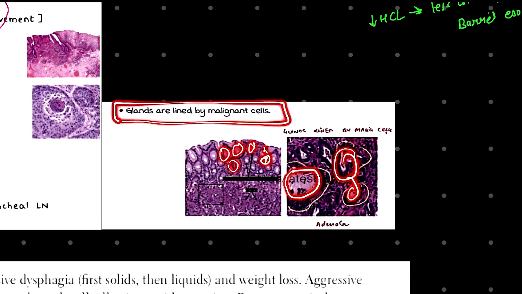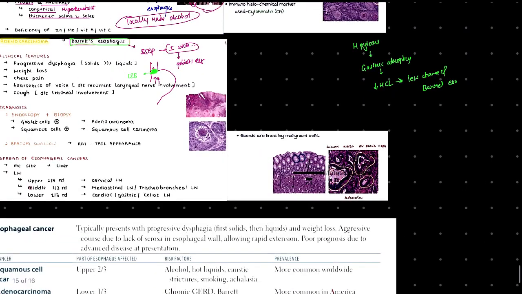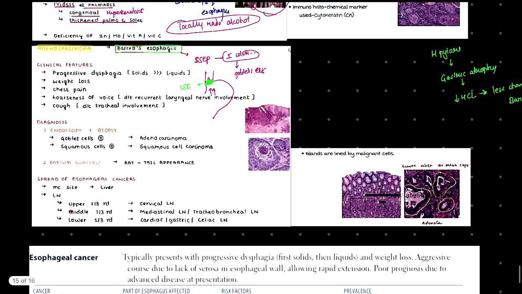Glands are lined by malignant cells. Abnormal or malignant cells means the ones having high NC ratio, hyperchromatic nucleus, and those things. This is about the microscopy of adenocarcinoma.